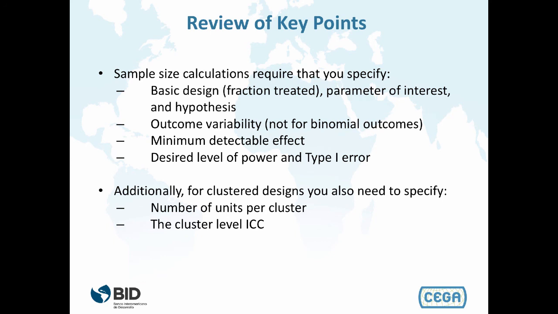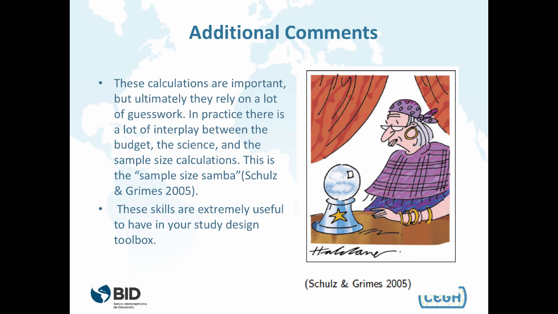There are additional complications that we didn't cover in this introduction, which is what if you have a clustered design, number of clusters you would need, number of units, and the intercluster correlation. That will be dealt with at a later date. Finally, these calculations are important, but ultimately they rely on a lot of guesswork. In practice, there's a lot of interplay between the budget, the science, and the sample size. Some people call this the sample size samba.